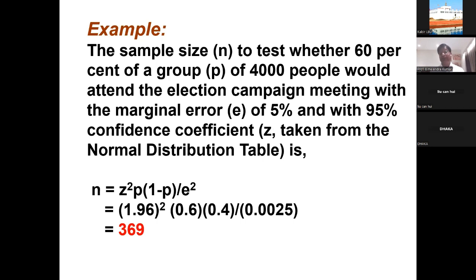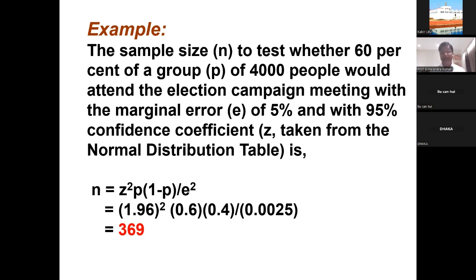An example has been given. Through this example, those persons who are interested in the sampling method or survey method can see how to do it. So this is the criteria.